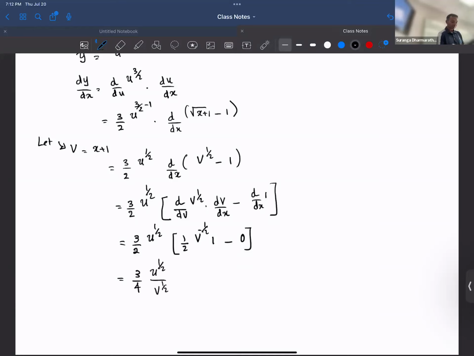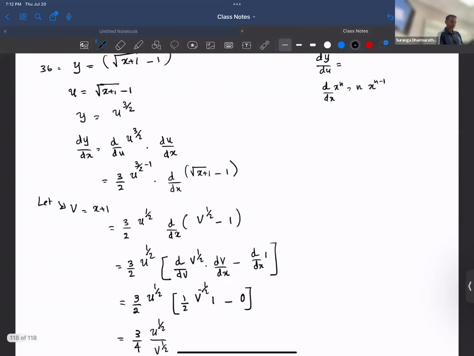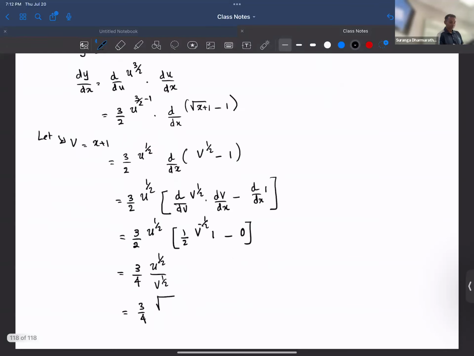What is u? u is the square root of x plus 1 minus 1 to the power half, and then v is x plus 1.